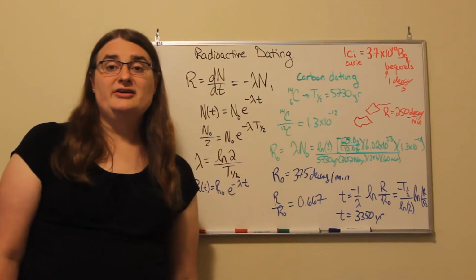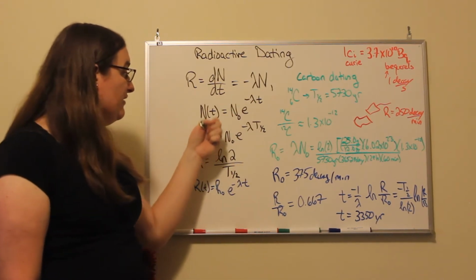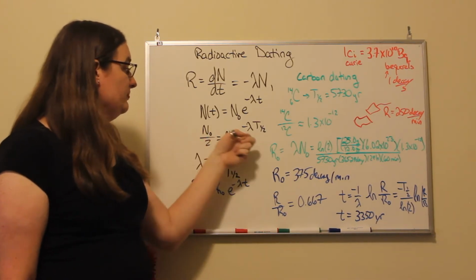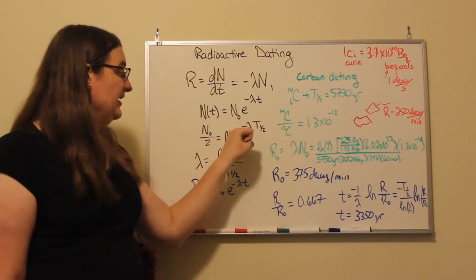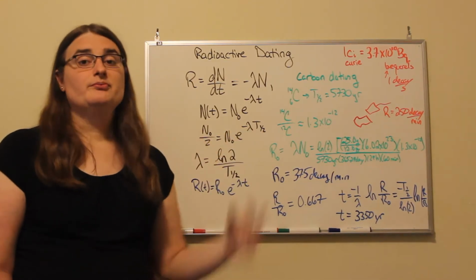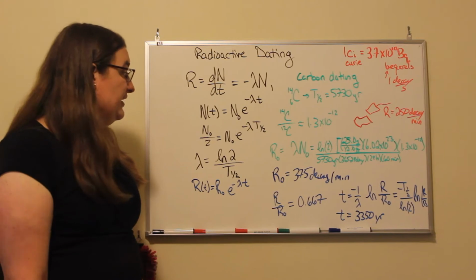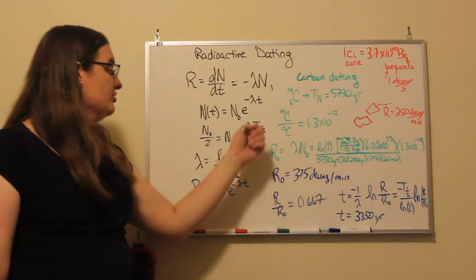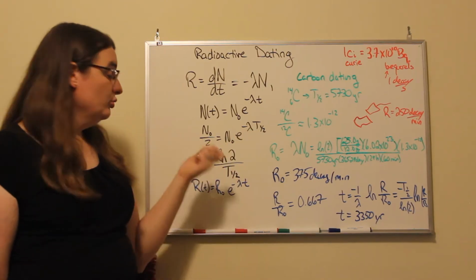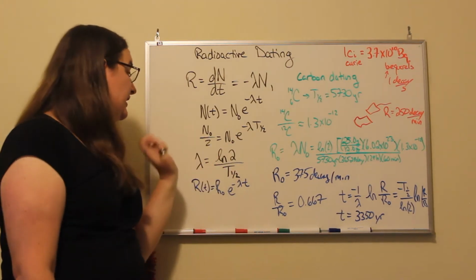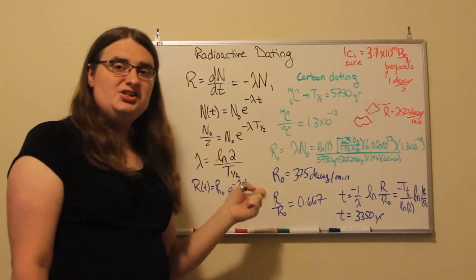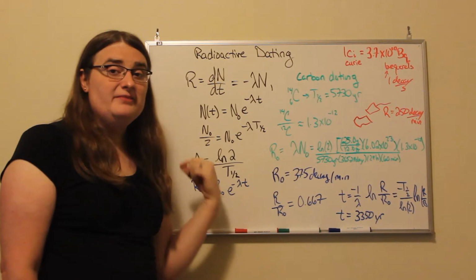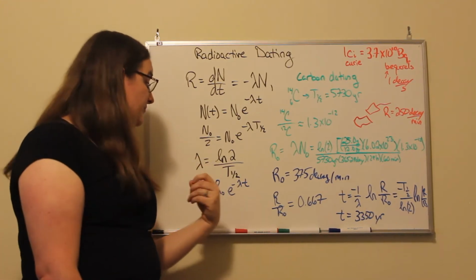So to figure out that characteristic, if I have half of what I started with, then 1/2 would be equal to Euler's number to the minus lambda times the half-life, the time to get to 1/2 of the original particles. So solving for lambda or solving for the half-life, either way, we would end up with a ratio. The half-life would be the natural log of 2 divided by that characteristic lambda.